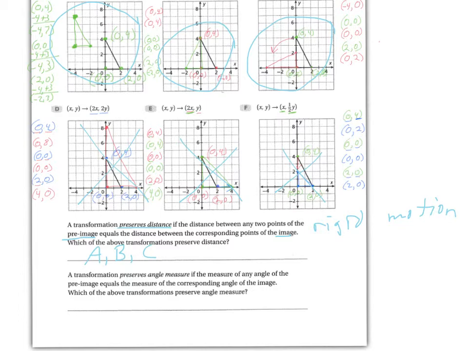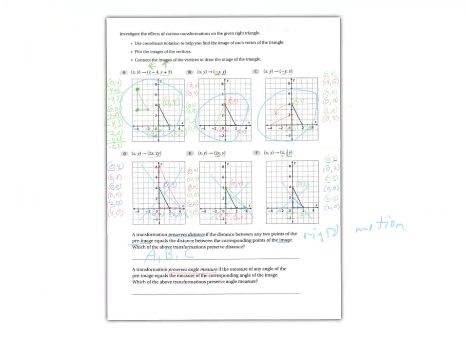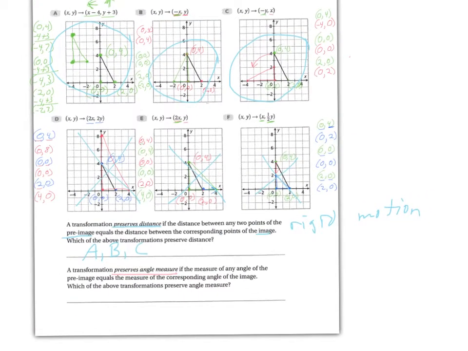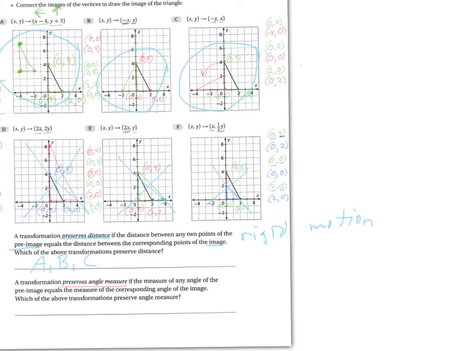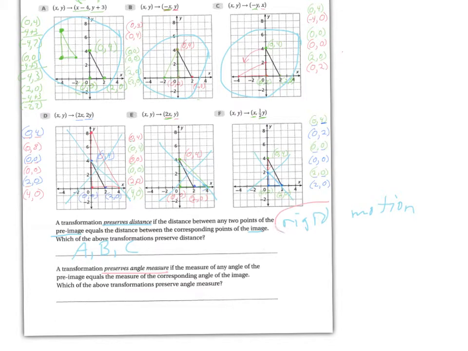And the next one says, which transformation preserves angle measure? Now let me remind you, in the previous page, if you look at the front page of the notes, it says, if a transformation has rigid motion, then it will preserve angle measure.